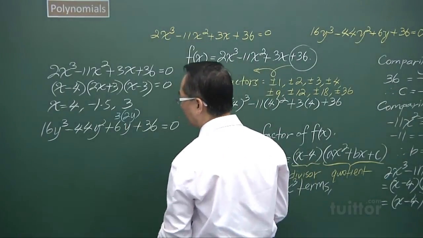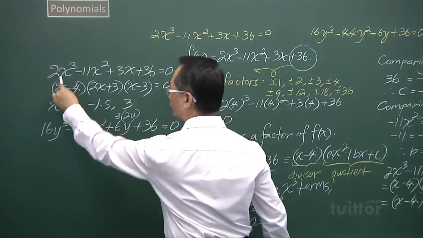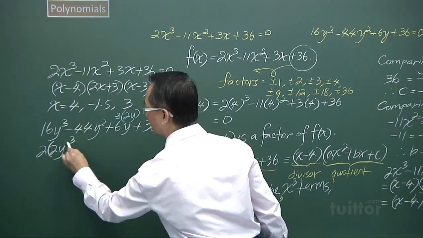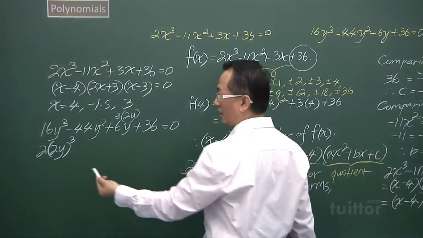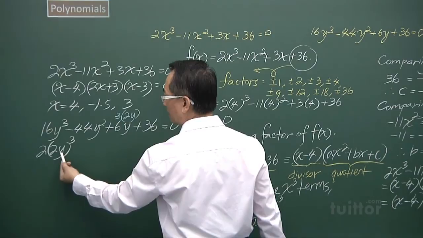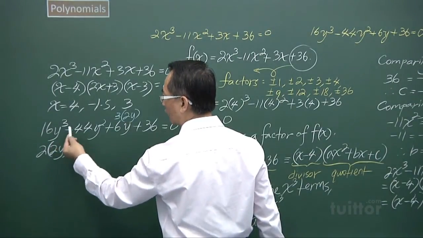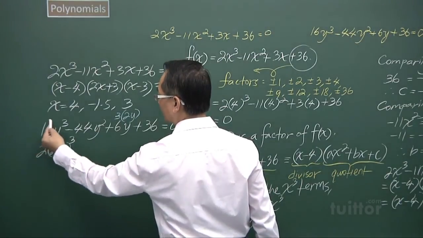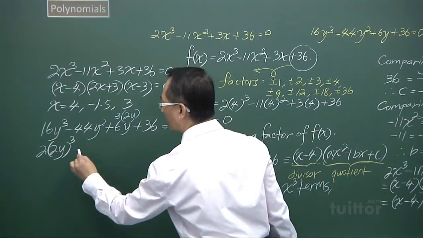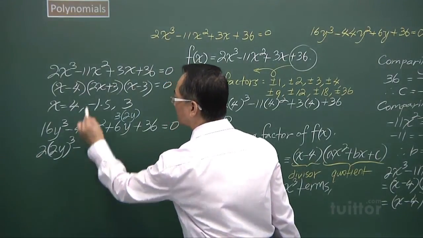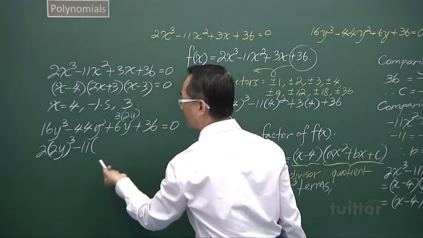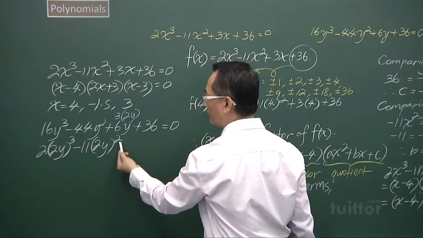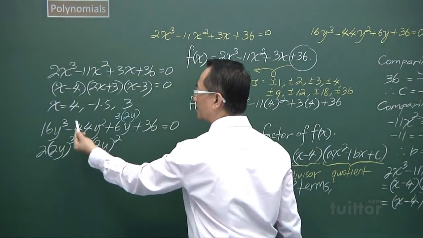So if that's the case, I should be thinking of 2 times 2y cubed and see whether that works out. 3, this is y cubed, I get a y cubed. 2 cubed is 8, 8 times 2 is 16, so that matches. Next, I will have minus 11 times 2y squared. Now, 2 squared is 4, 4 times negative 11 is negative 44.